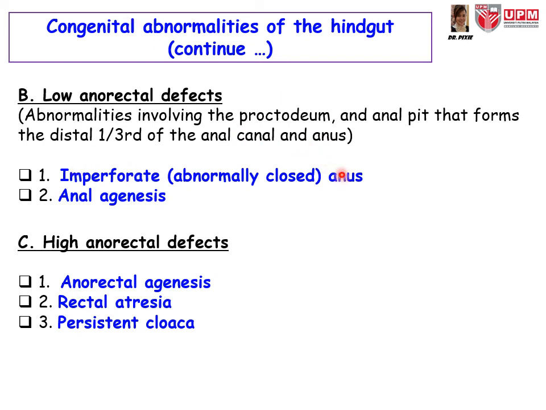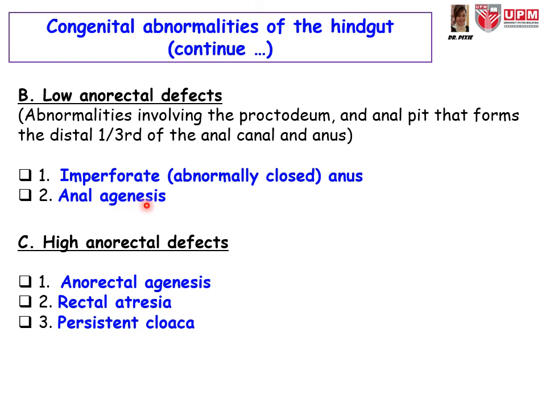This is the condition where either the anal portion of the cloacal membrane fails to rupture or it ruptures incompletely. The proctodeum fails to become continuous with the endoderm of the hindgut, which means the rectum is not properly connected to the body wall. The imperforate anus occurs 1 in 5,000 births, and it has a higher incidence in males.